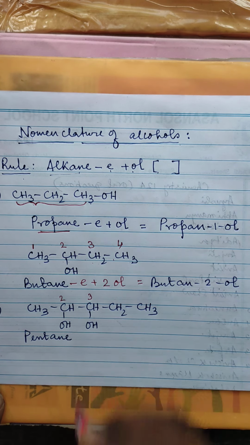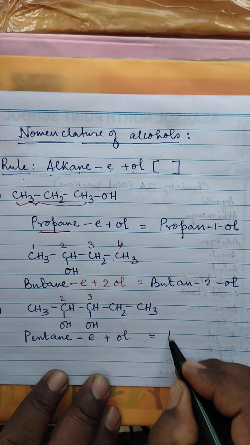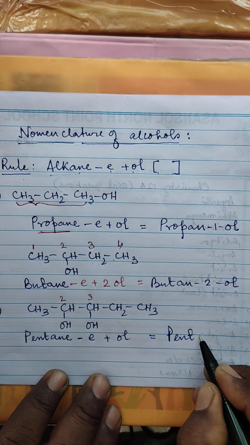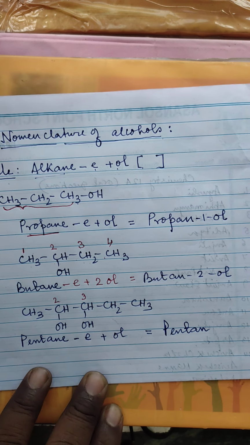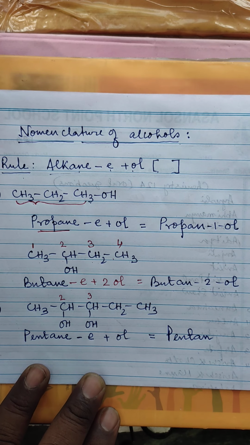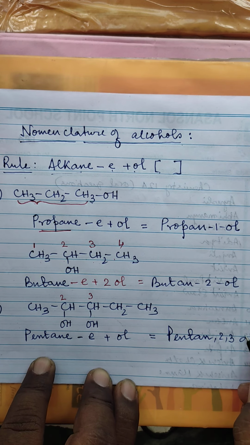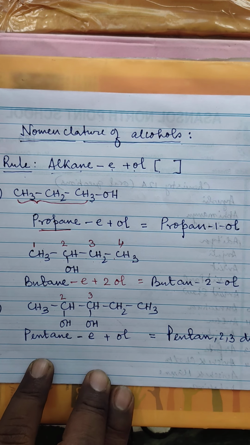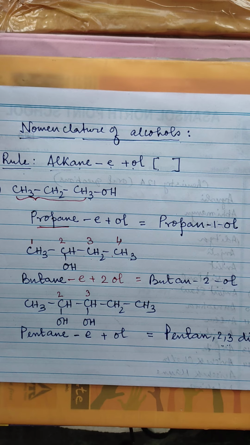Again the rule is minus E plus OL. So in this case the parent compound comes as pentan. Now in the second and third positions we have two OH, so it is pentan 2,3-diol. Why is it 2,3? 2 and 3 are the positions of the OH group.